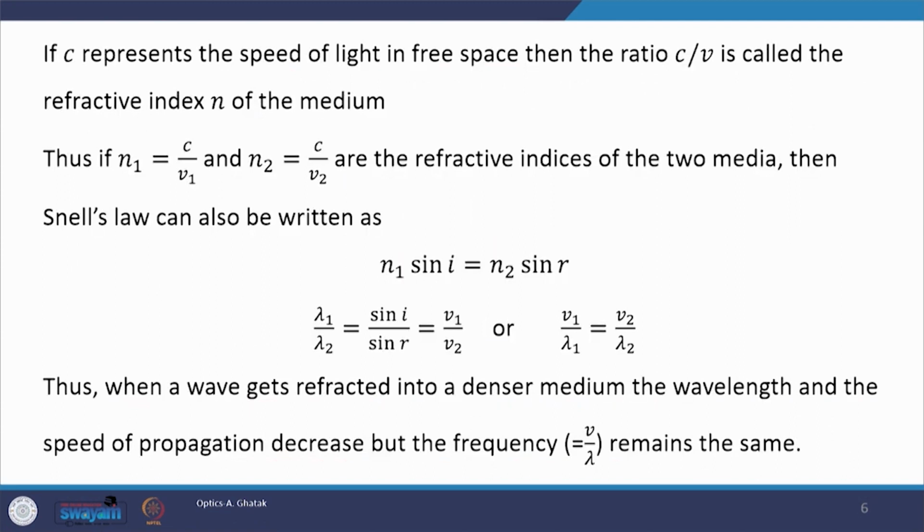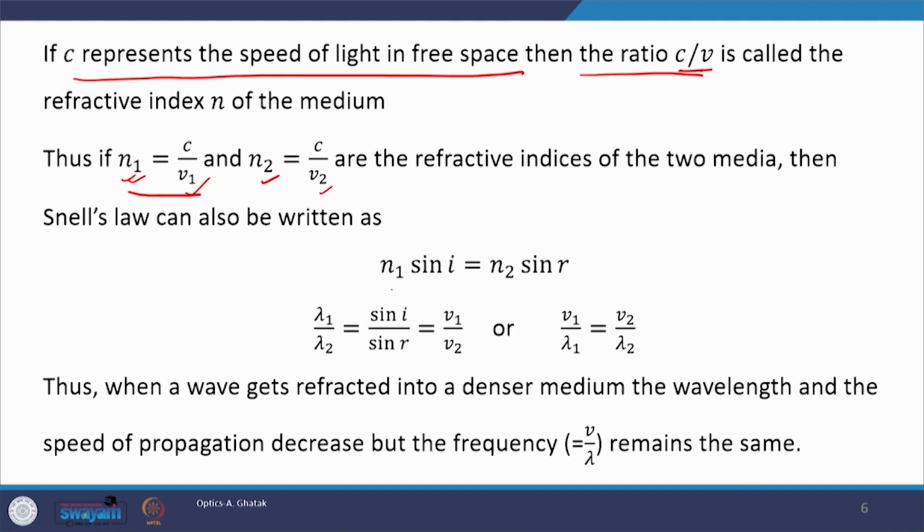Now, if c represents the speed of light in free space, then the ratio c by v is called the refractive index of the medium, n equals c by v, which we have already discussed. Since the phenomenon of refraction involves two media, we will have to define two indices of refraction. n1 and n2 are the refractive indices of the two media, n1 for the first medium, n2 for the second medium, and v1 and v2 are the corresponding velocities.